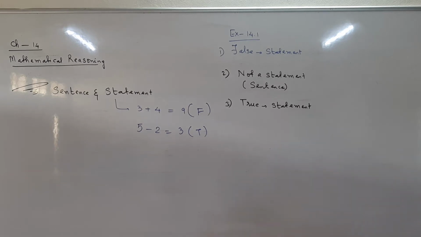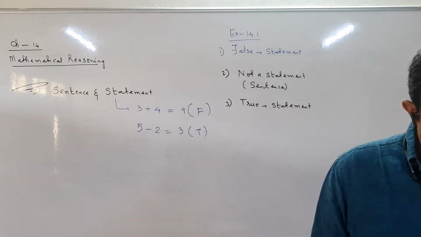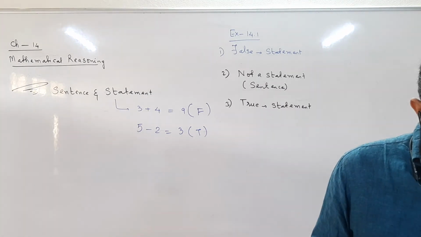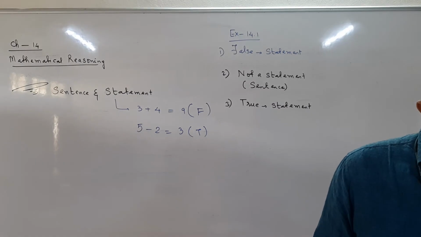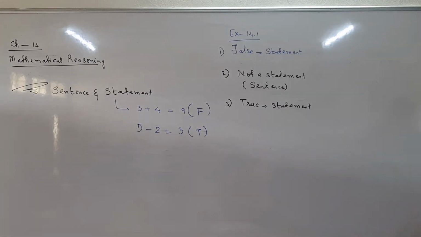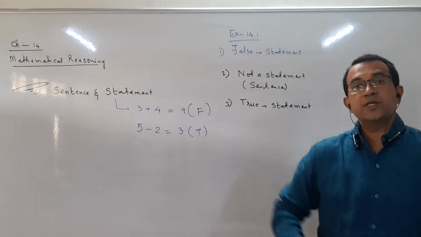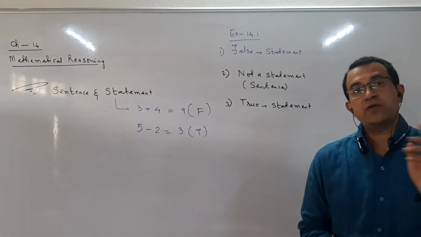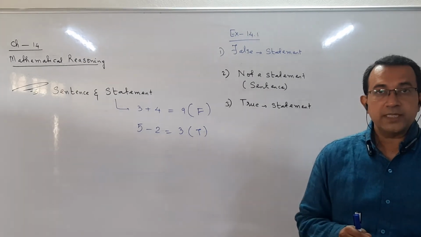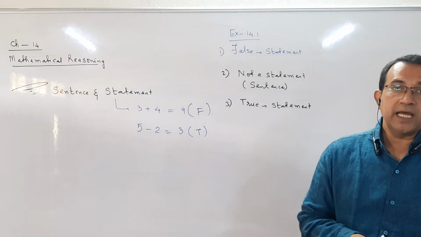Then, fourth, students, the square of any number is always an even number. Let us take this statement once again. Square of a number is always an even number. Suppose square of 1 is 1, it is odd. Square of 2 is 4, even. Square of 3 is 9, which is odd.